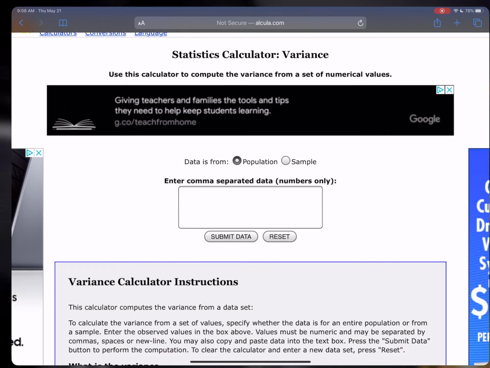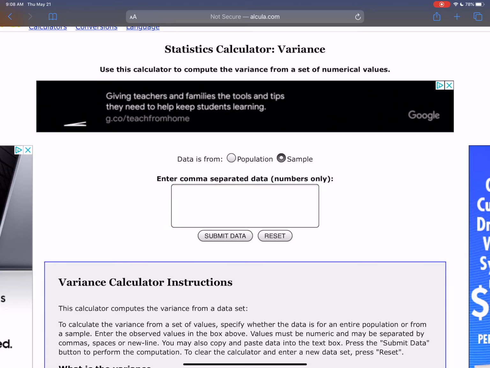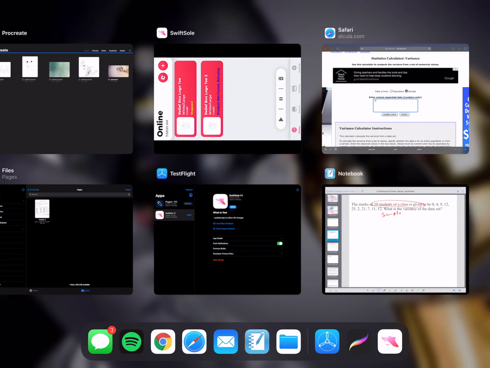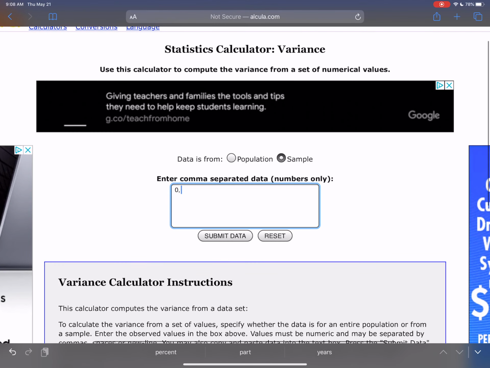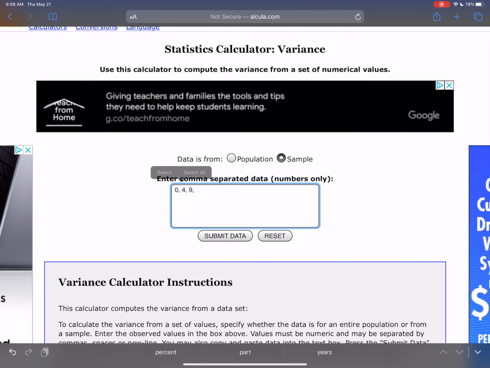All right, so from here, on top I'm going to make sure that it says sample. I'm going to click on the icon that says sample. Now I'm going to write down all my numbers: 0, comma, 4, comma, 9, comma, 12, comma, 25.